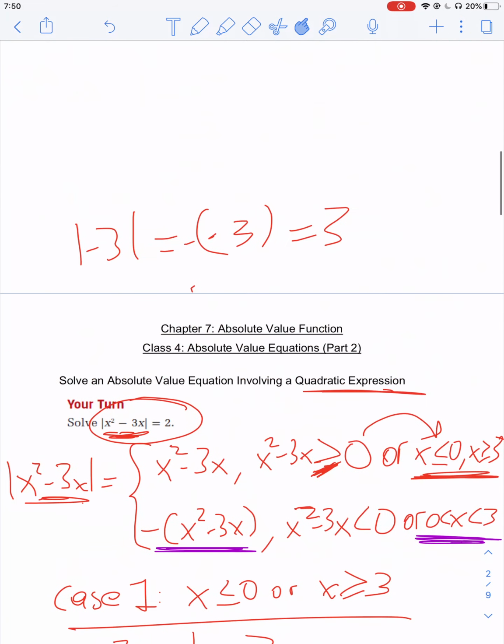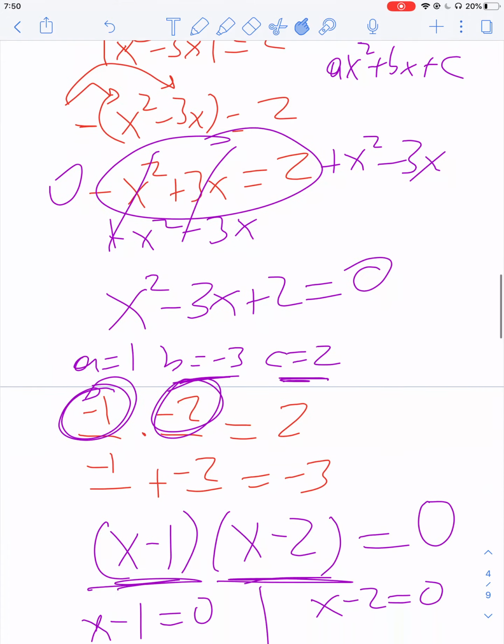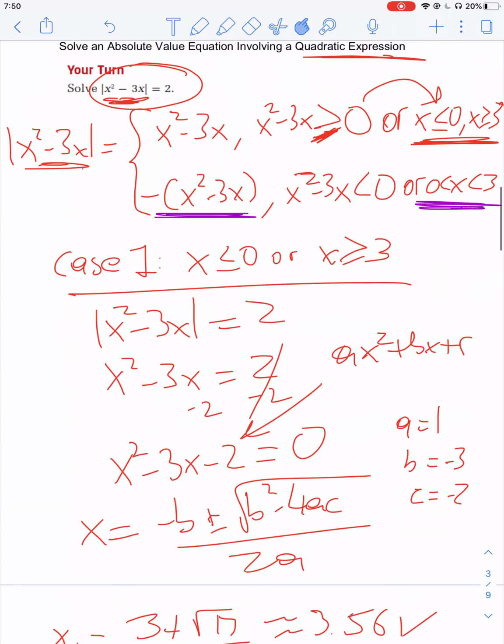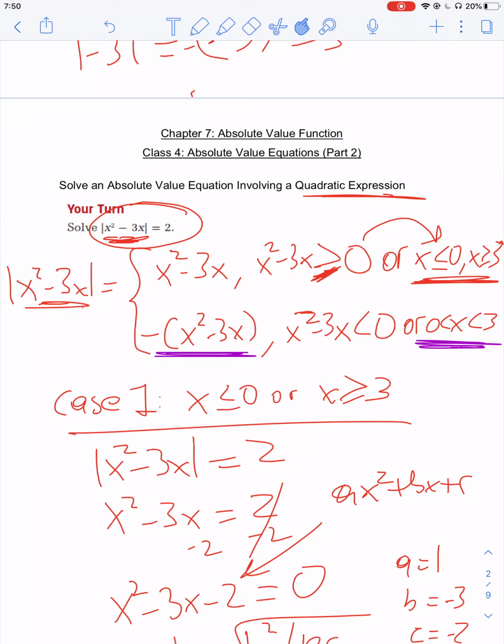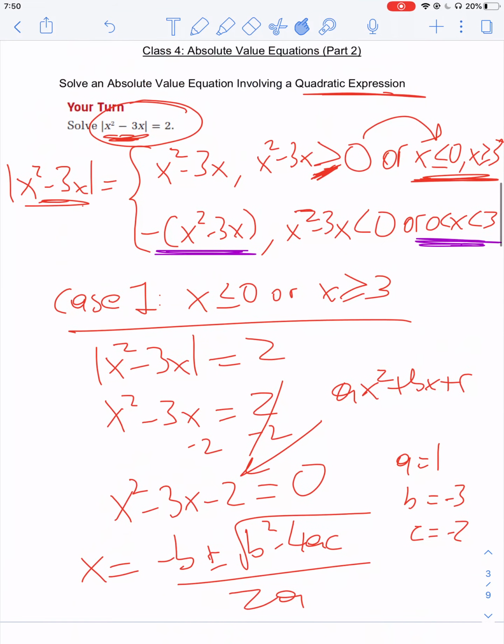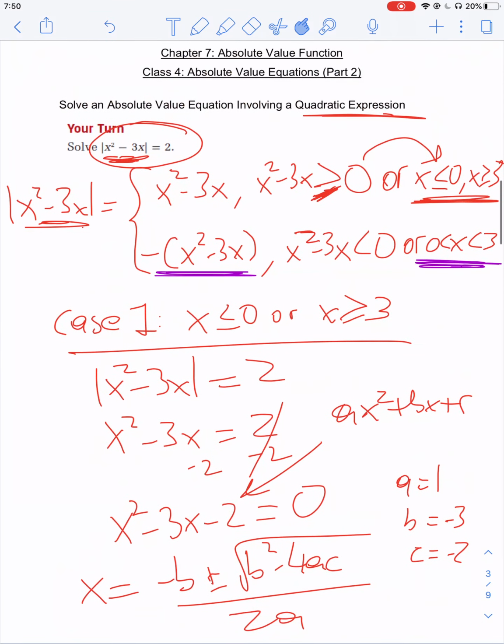But I guess it is true, because 1 does work if you plug it in. And let me see, 2, does that work as well? If you substitute 2 in, 2 squared is 4. Yeah, 2 would also work. And now let me check if 3.56 works, because usually there are 3 solutions, but you could have 4, I guess. So 3.56 squared minus 3 times 3.56 gives me 1.999.